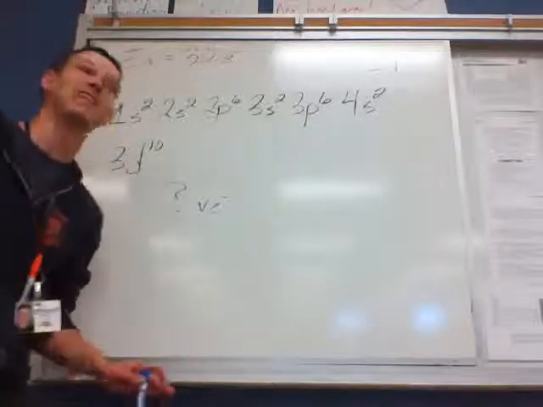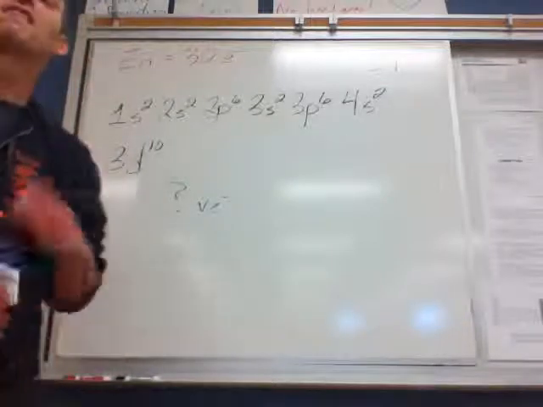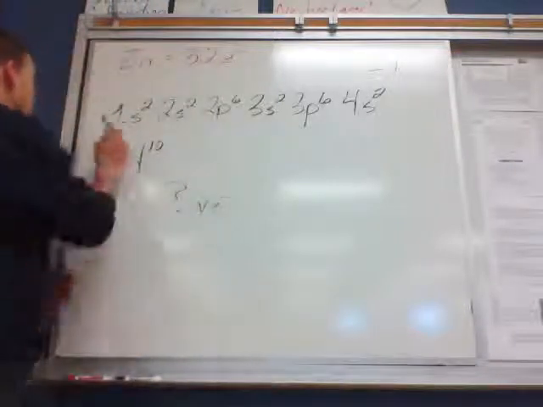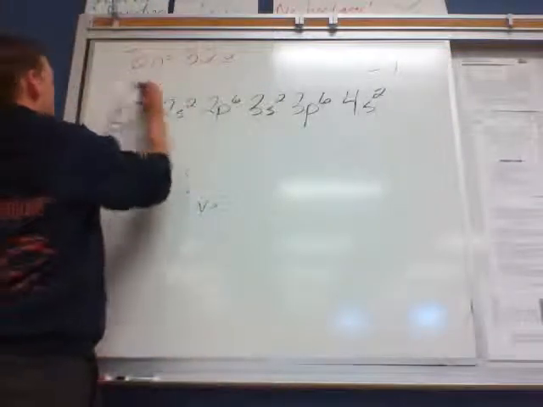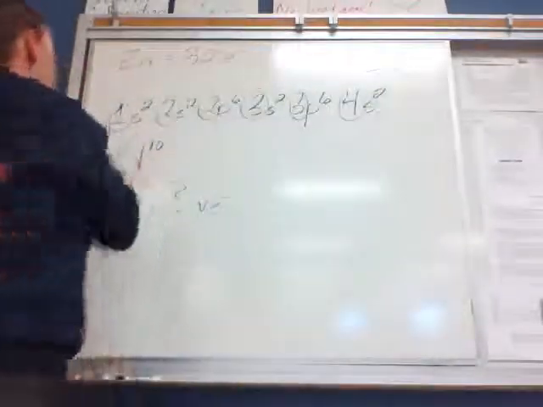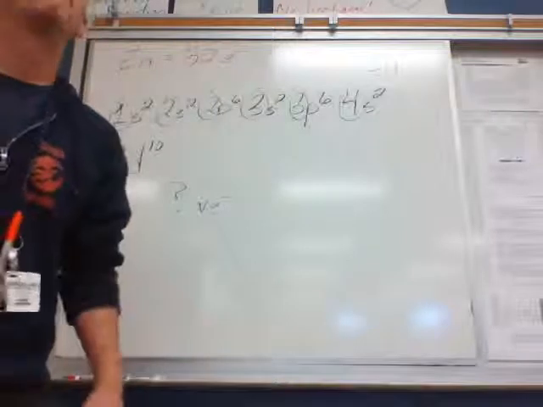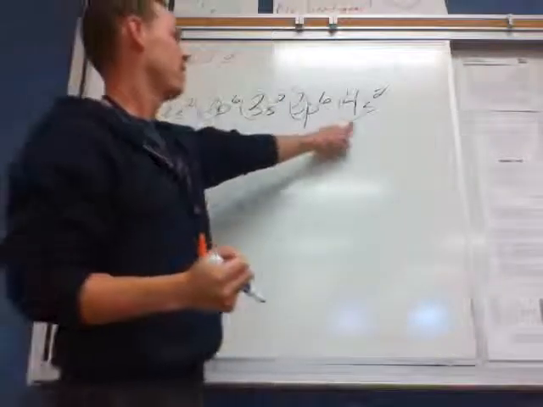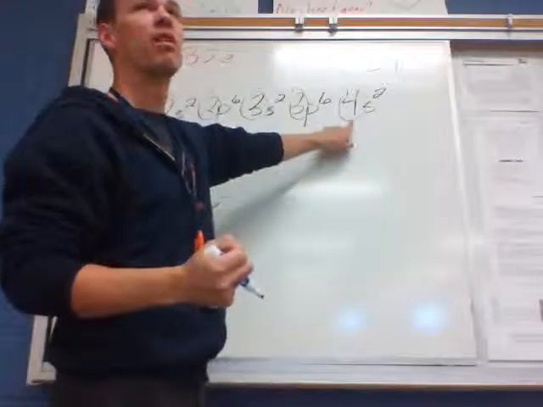And here's how easy it is to see that it's 2. Watch. To find the valence electrons, we need to identify the highest energy level. The energy levels are the big numbers. There they are. These are all the energy levels in zinc. What's the biggest number that I circled? There he is. The biggest number I circled is a 4.